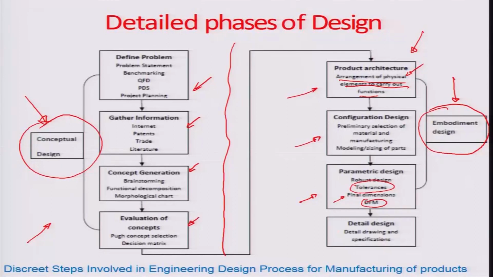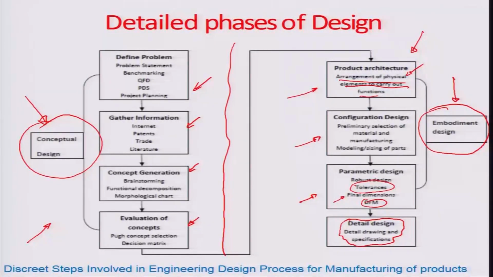This is a phase which finally brings out the detailed design with drawings and specifications of the product or the solution for the problem, which is in the last phase.